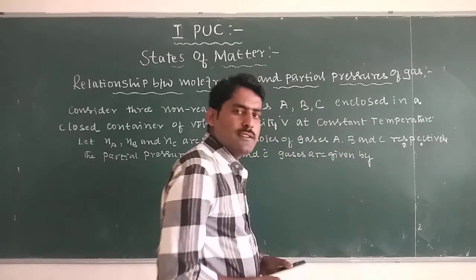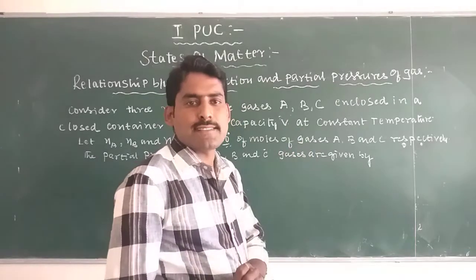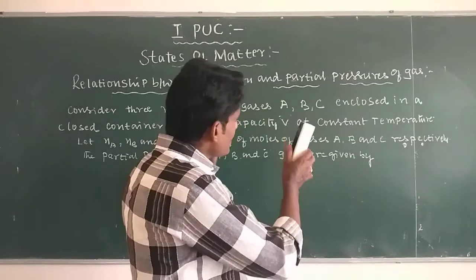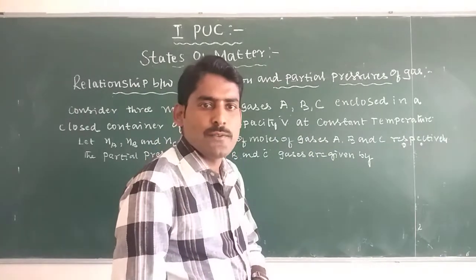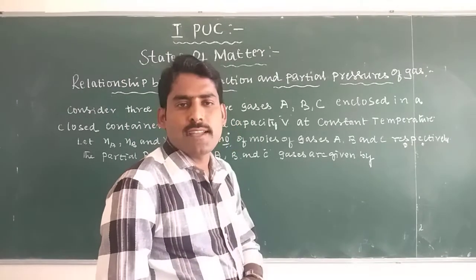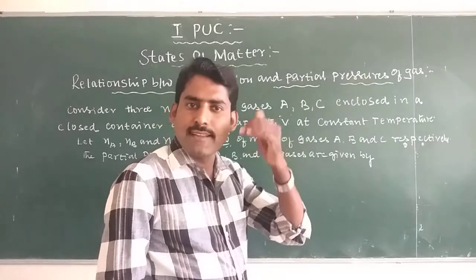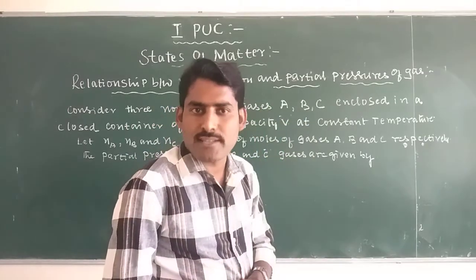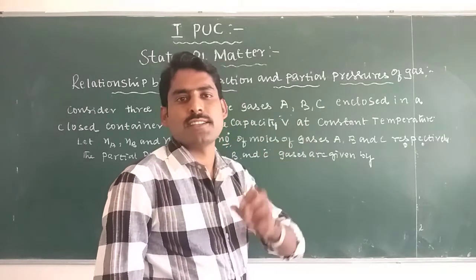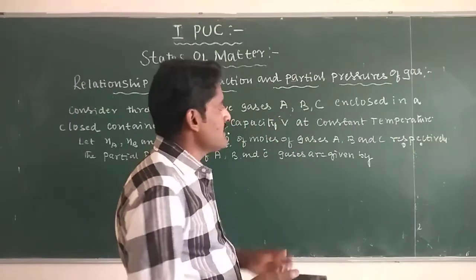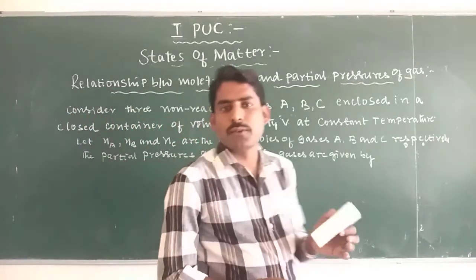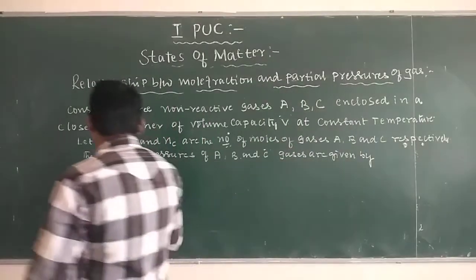When we enclose three non-reactive gases A, B and C in a closed vessel of volume capacity V at constant temperature, having the number of moles Na, Nb and Nc, they exert individual pressures called partial pressures. The partial pressures produced by the three gases are given according to the ideal gas equation.